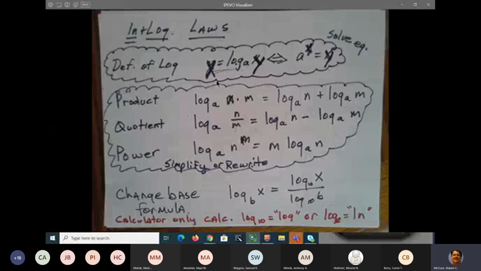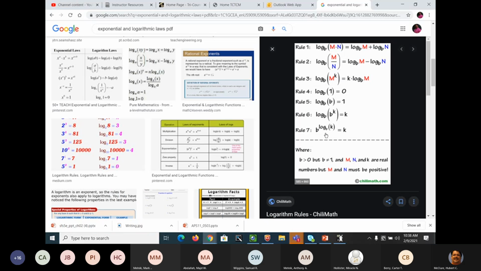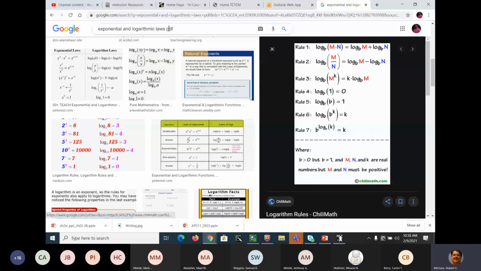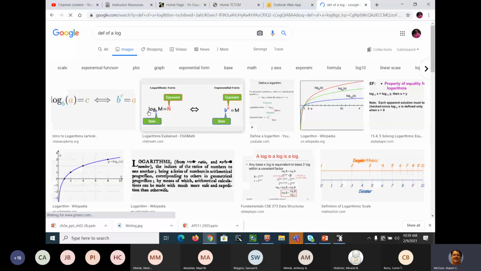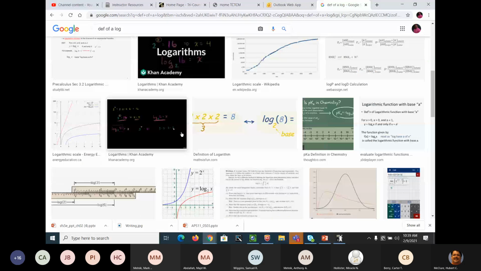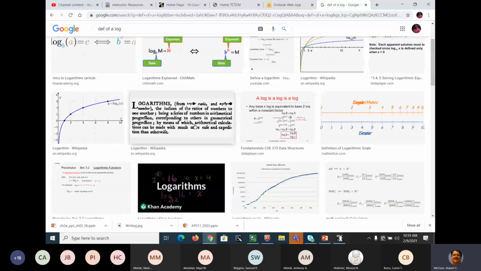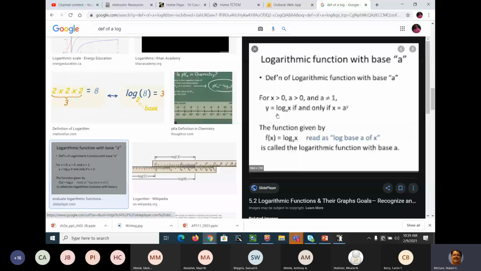So as I showed you before, let me go to Google. I'm going to prove this. Where's the definition of a logarithm? Let me write down definition of a log. Usually they write it y. There we go. Y is equal to log base a of x.